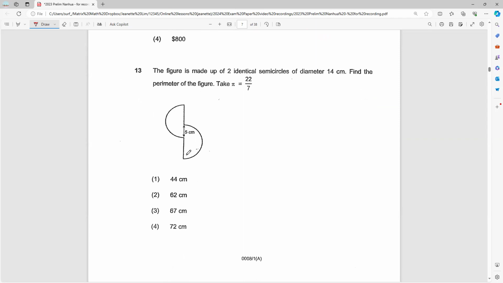Figure is made up of two identical semicircles of diameter 14 cm. Find the perimeter of the figure. Diameter 14. So this part here will be 14 minus 5, which is 9. This is 9 as well. Two arcs of a semicircle give you the circumference of a full circle. So to find a full circle, we'll take pi times diameter.